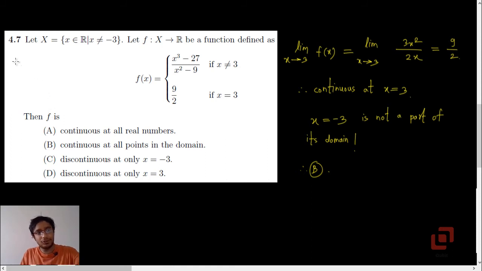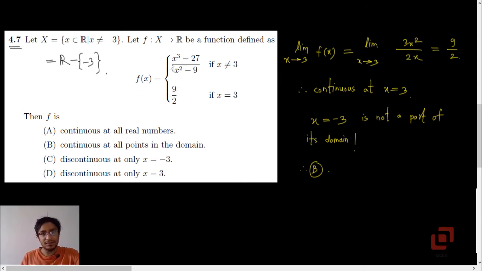Now 4.7 is also a very simple question related to continuity of functions. There is this set X which includes all real numbers except -3, and we are defining a function f from this set to the set of real numbers, again a piecewise defined function.